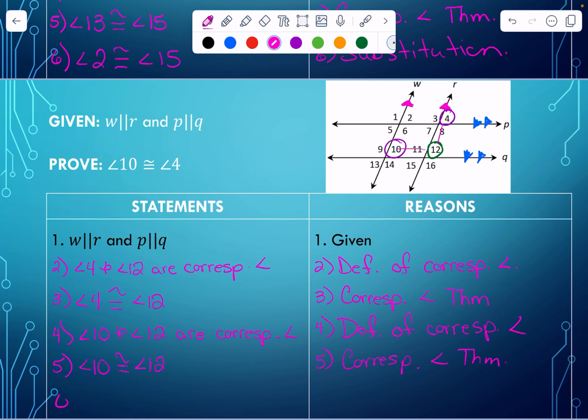Now we look back: we need angle 10 congruent to angle 4, and that is by substitution. And that is how we use those angle relationship theorems to prove certain angles congruent when I'm given parallel lines.